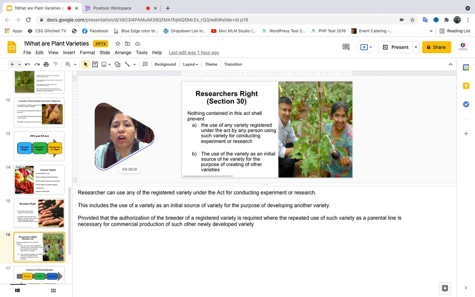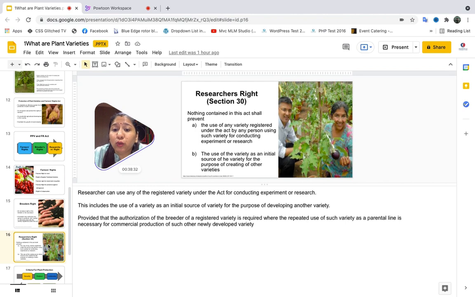Now, the third right, or an important right, is researchers' right. A researcher can use any of the registered variety under this act, but the clause is there. The variety should be used for conducting experiment or for conducting research. It should not be used for any commercial purpose.